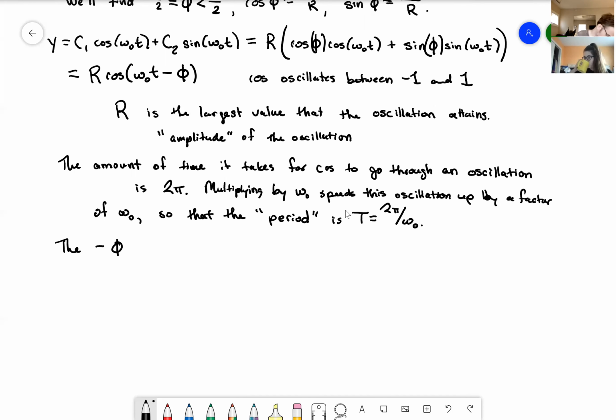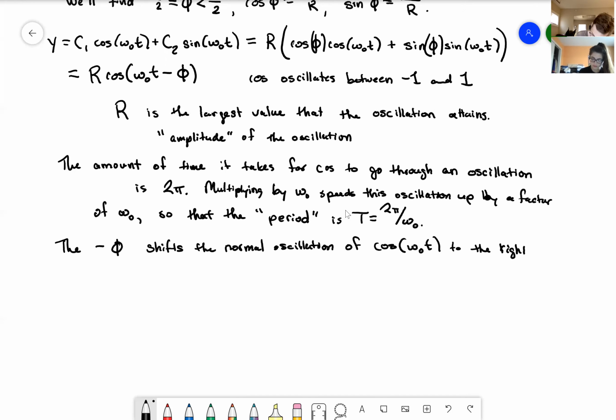So that minus phi shifts the normal oscillation of our sped up cosine of omega 0 t to the right by phi. Of course, if phi is negative, we're shifting to the right by a negative, which means we're shifting to the left.